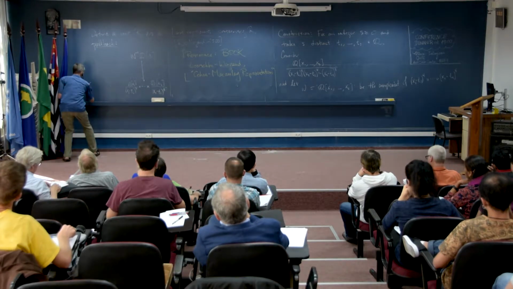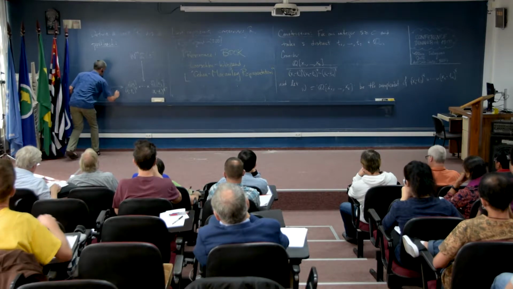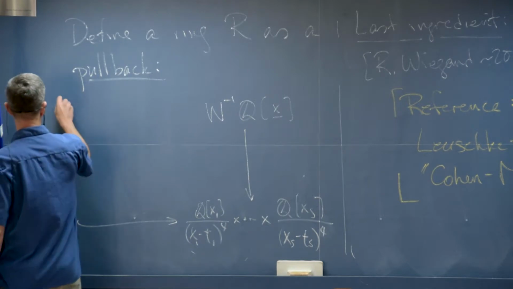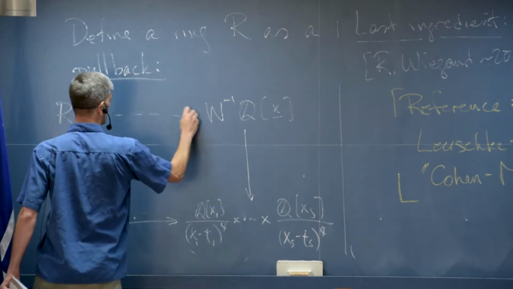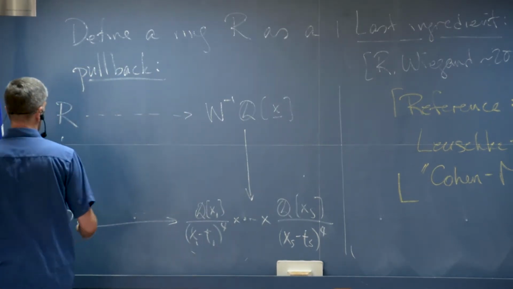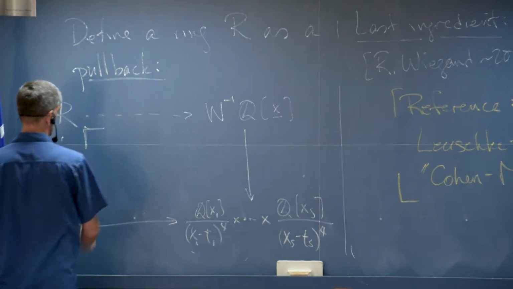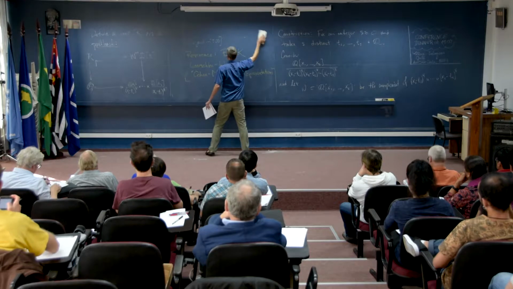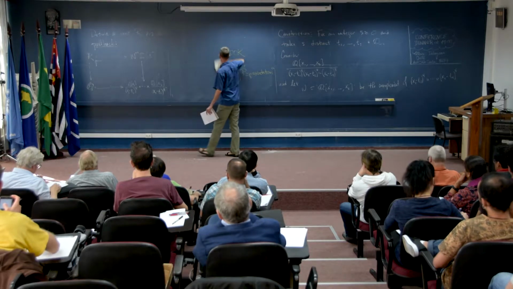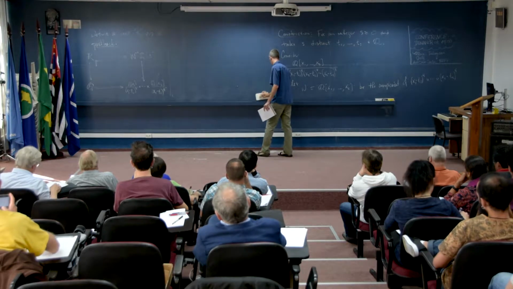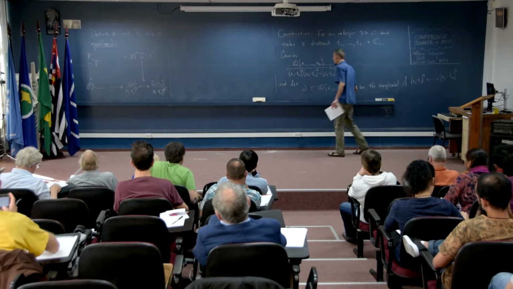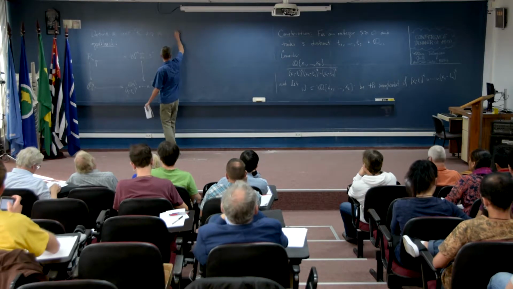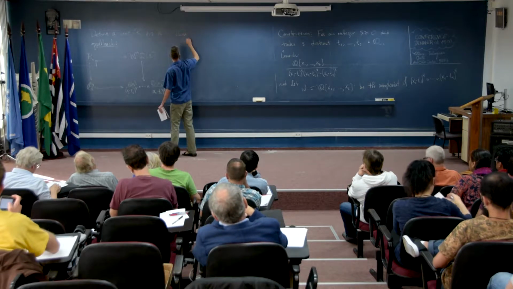Over here, embed the rational numbers diagonally, and then R is the pullback.